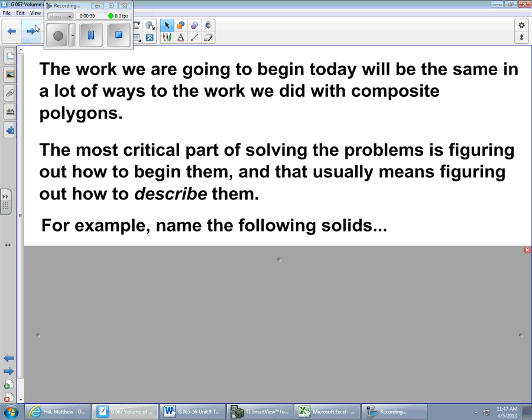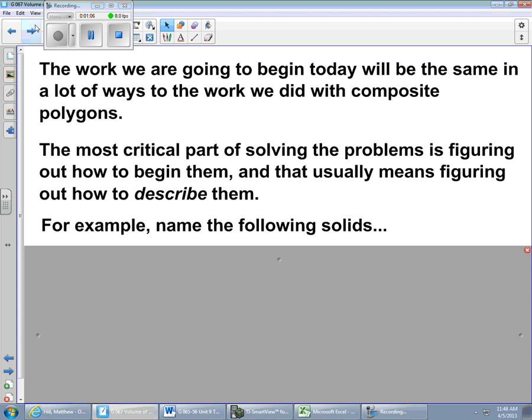Okay? The work we're going to begin today will be the same in a lot of ways as the work we did with composite polygons. That's just kind of what I just said. Okay, the most critical part of solving the problems is going to be figuring out how to begin them. And the answer to the question how to begin them is going to be much the same as we did when we were doing area a couple of units ago, is figuring out a way to describe them.